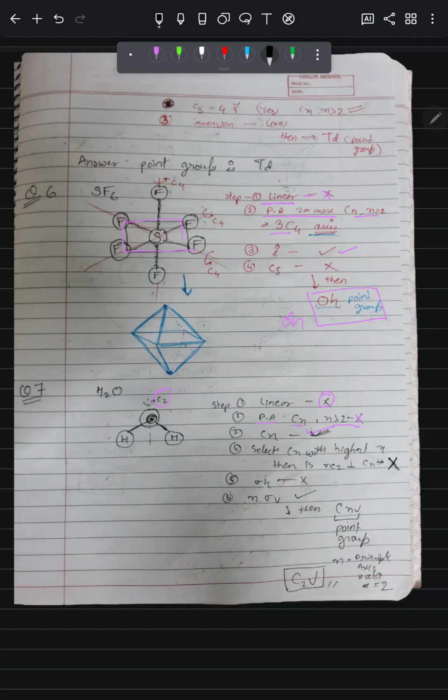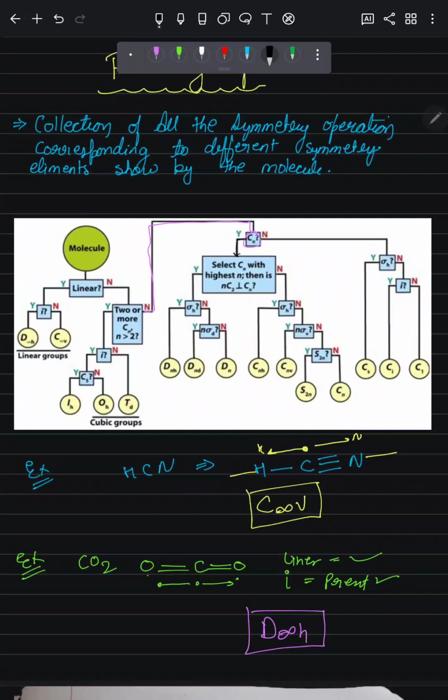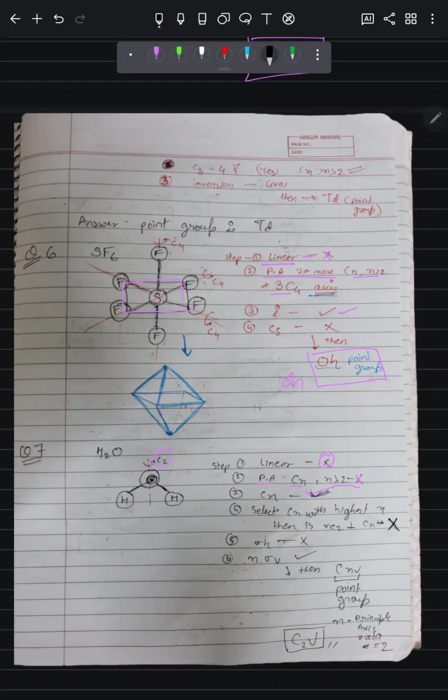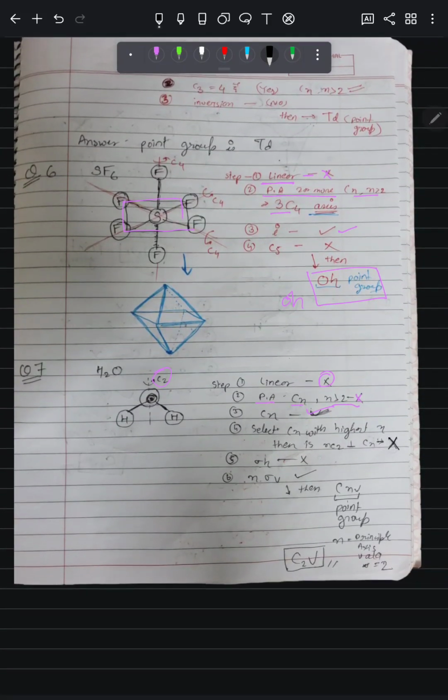Then the next step is to check whether it has sigma d, sigma h or sigma v. According to this, we do not have sigma h, there is no horizontal plane present here, and we have a vertical plane, so the point group is the Cnv point group for the H2O molecule.